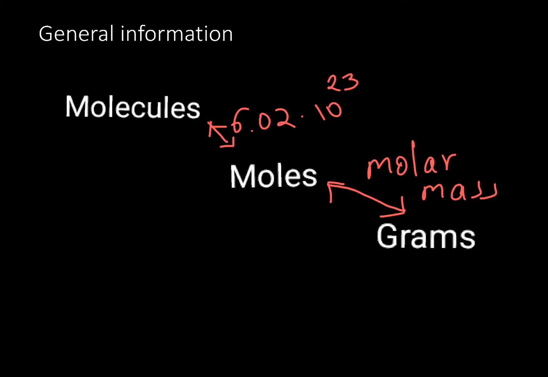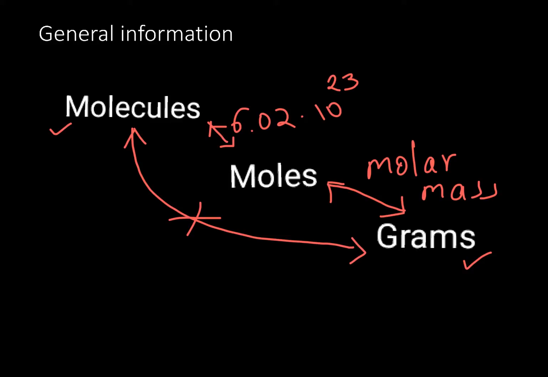Now there will be some questions where you will be required to go from molecules to grams or grams to molecules. So I might give you the molecules and I might ask you to convert them to grams. But remember, you cannot do this directly. There is no conversion that will let you go from molecules directly to grams.